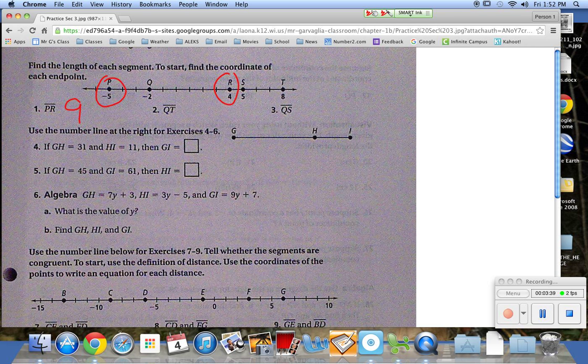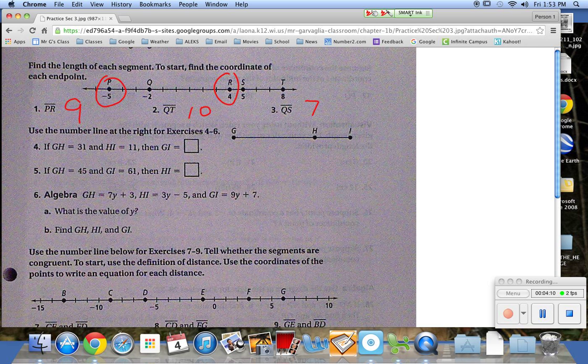What about QT? Tristan, what is it? 10? Evan, what's QS? 7? Everybody agree with that? All right.